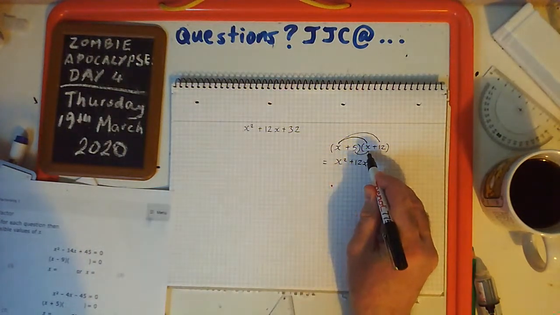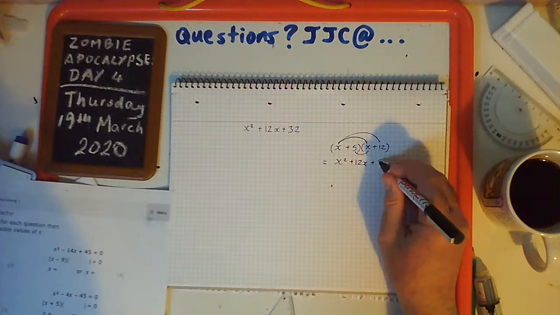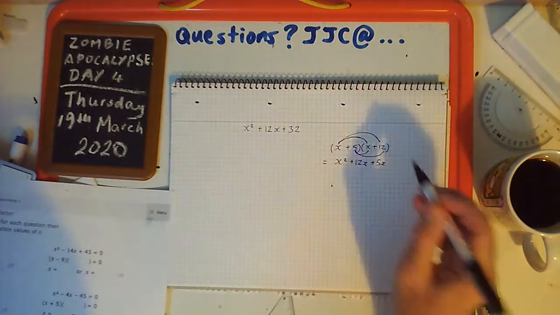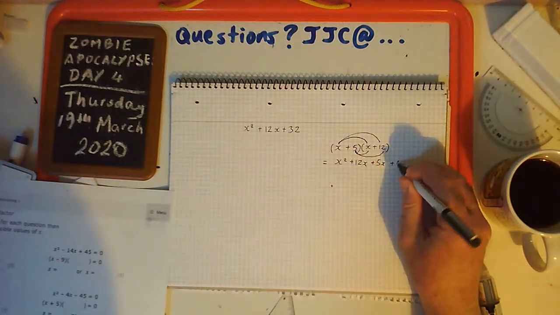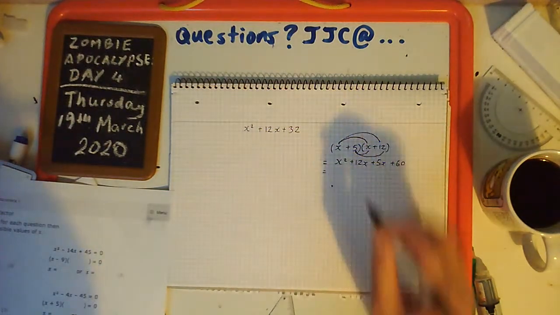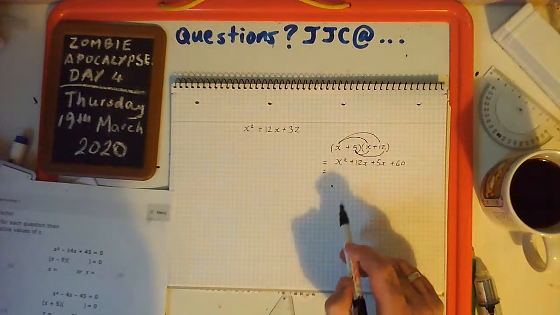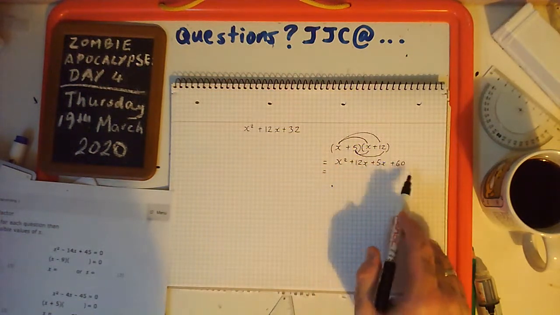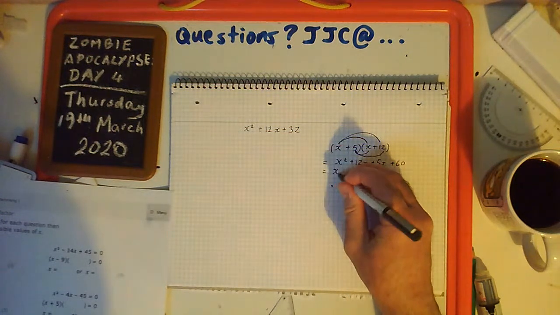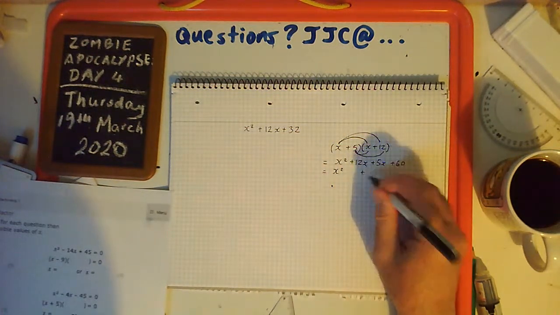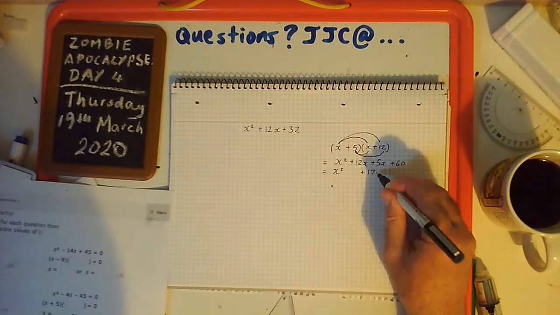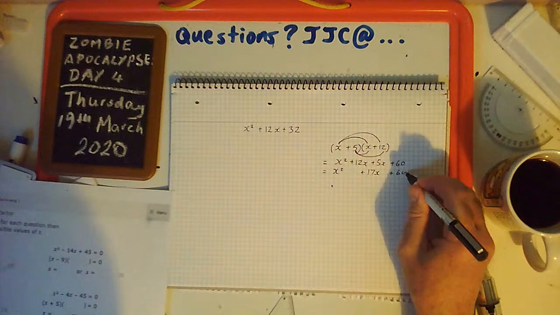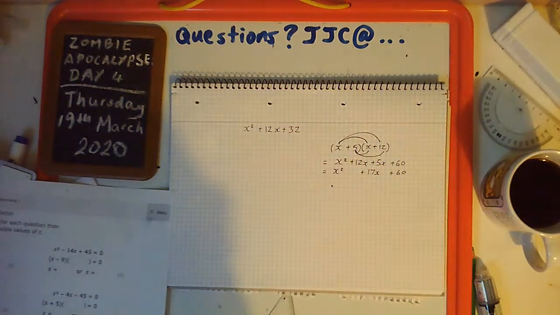The 5 times the x in the other bracket gives you 5x. And 5 times 12 gives you 60. So those brackets are equivalent to x squared plus 12x plus 5x plus 60. Then the two terms in the middle, 12x plus 5x, we can put together to make 17x plus 60. So that's multiplying brackets out.